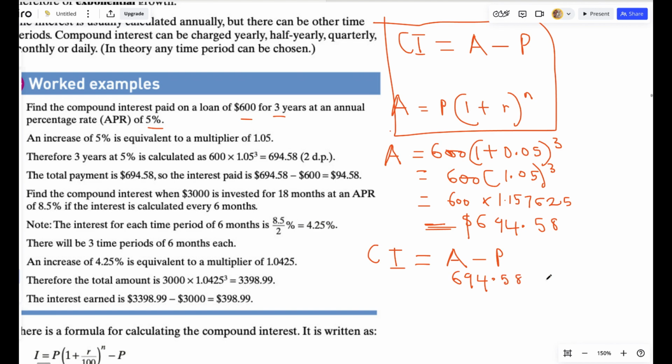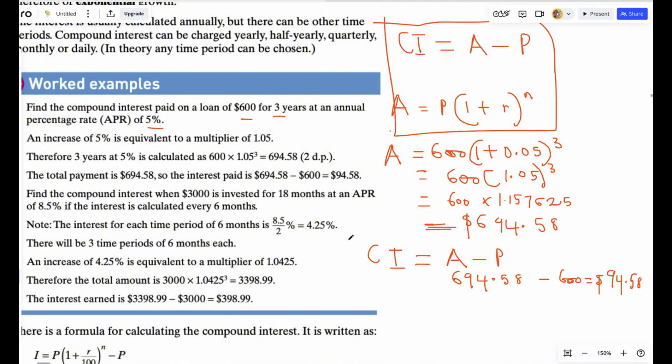That will give us $94.58. So this is the interest that will be payable on $600 after 3 years.